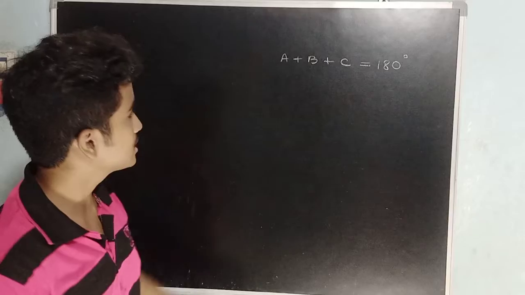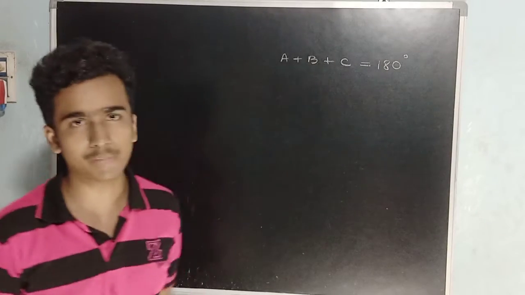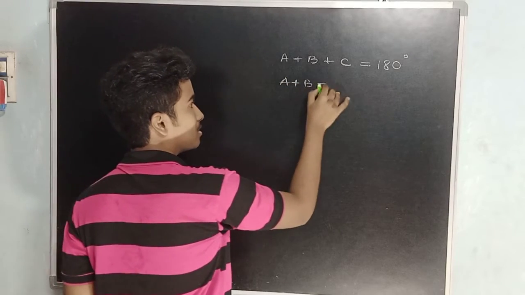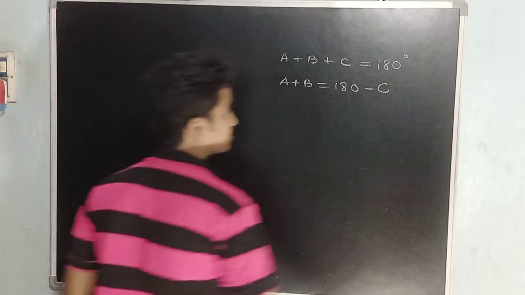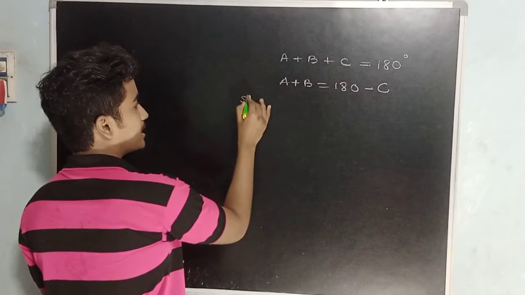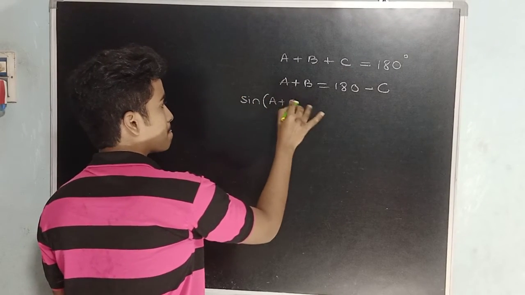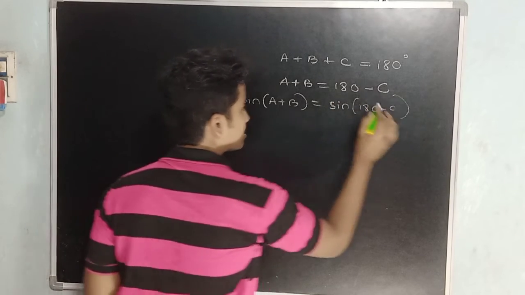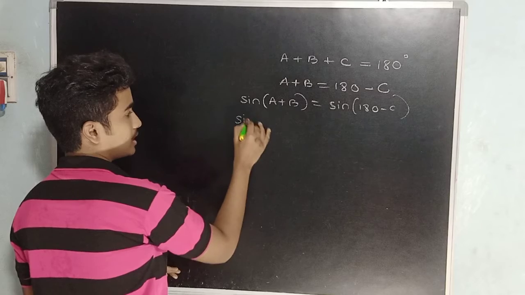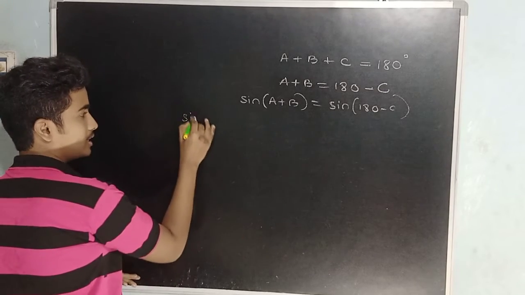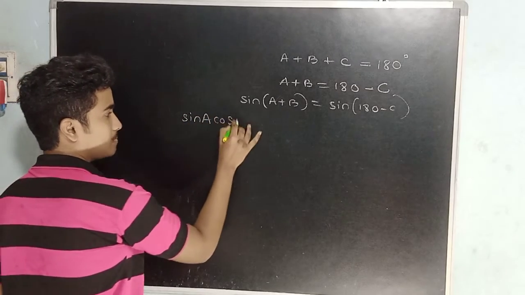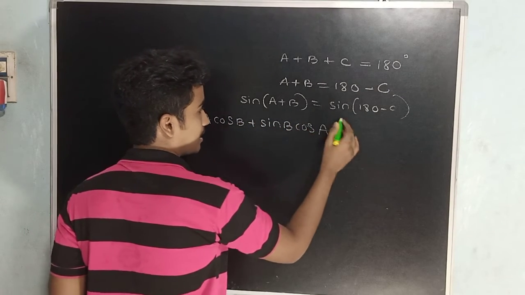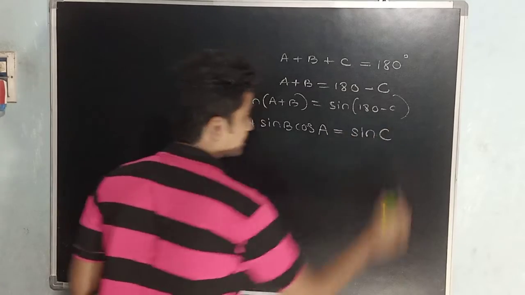Before this one I considered B plus C as 180 minus A. But now what I am going to consider is A plus B is equal to 180 minus C. Put sine on both sides and expand this: sin A cos B plus sin B cos A is nothing but sin C.